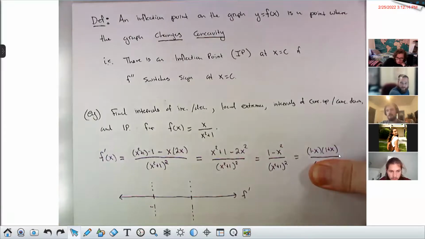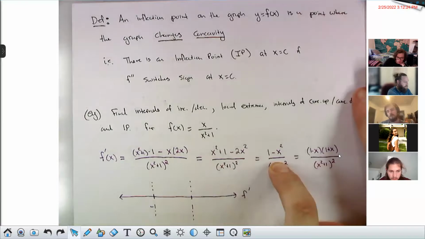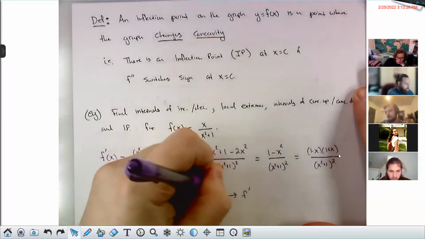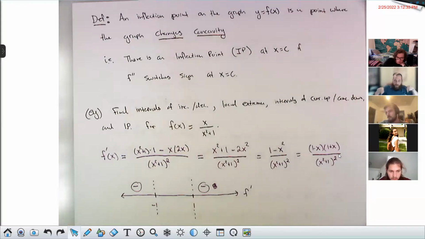So I can use the end behavior multiplicity game just by thinking of the sign of the derivative as coming from the sign of the top. The top is a degree 2 polynomial with a negative lead coefficient. So from the end behavior of the numerator, which is down on both sides, right? Even degree, negative lead coefficient. So this is going down on both sides. The denominator is always positive.